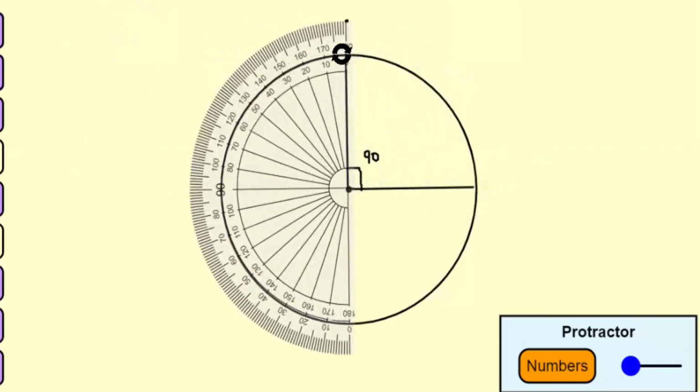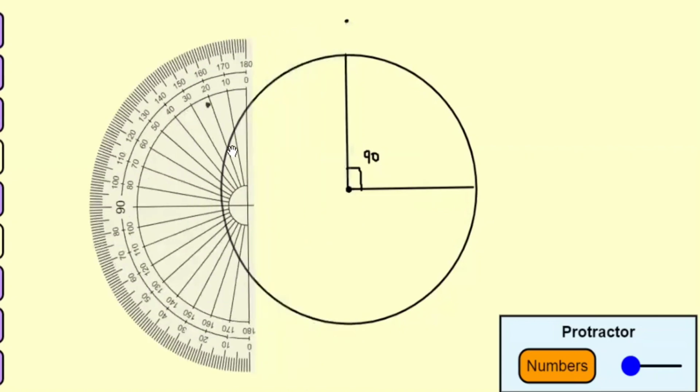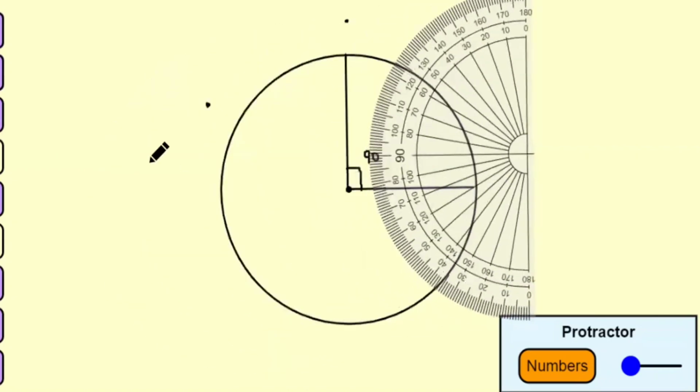Likewise, you have to place your protractor. So where is our 60? As you can see, our 60 lies here. Let us mark it using the scale.